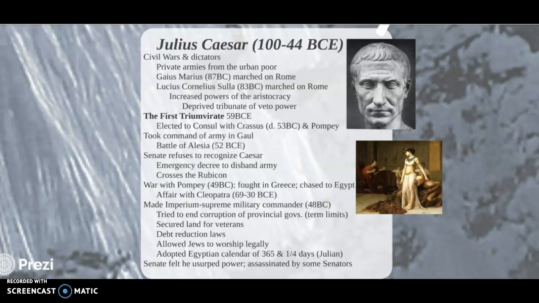And as you can see here at the bottom, Caesar does seem to be interested in trying to reform Rome, including things like securing land for army veterans.